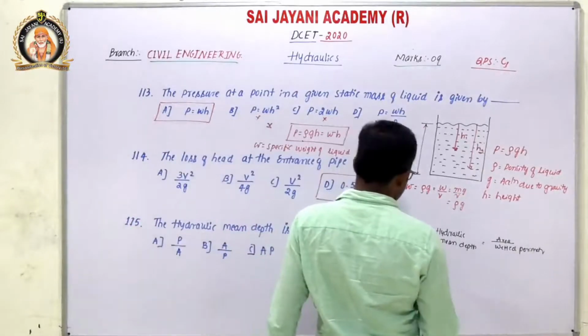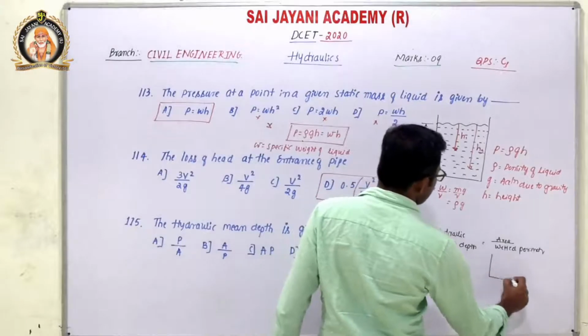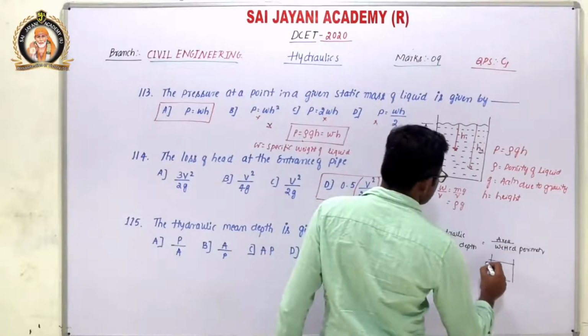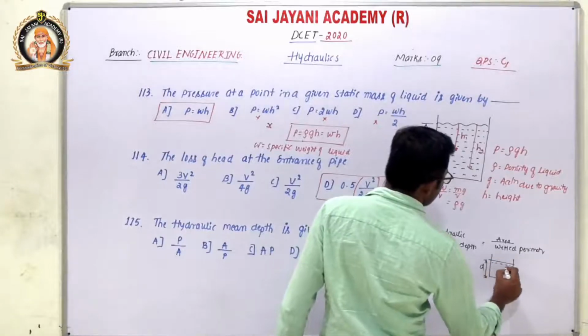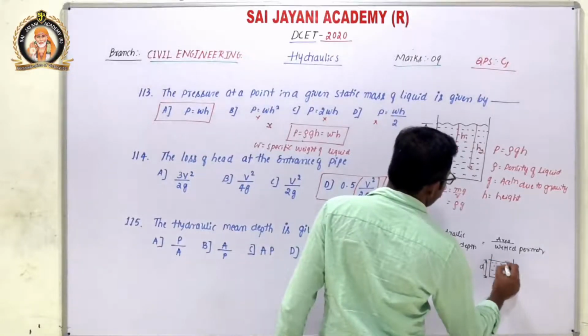Consider a rectangular channel, where D is the depth and B is the width.